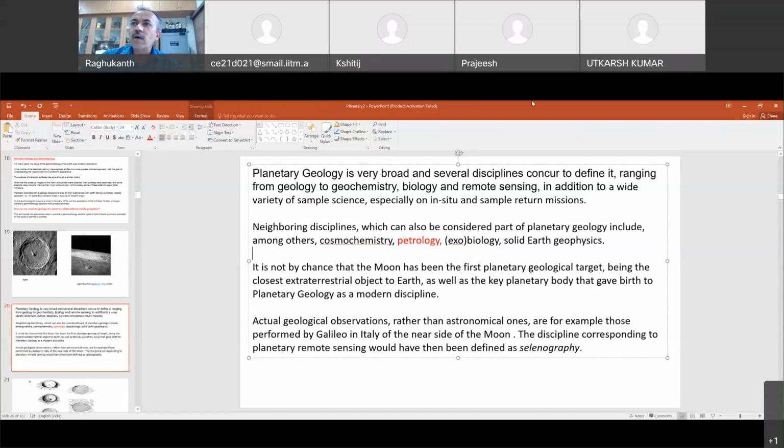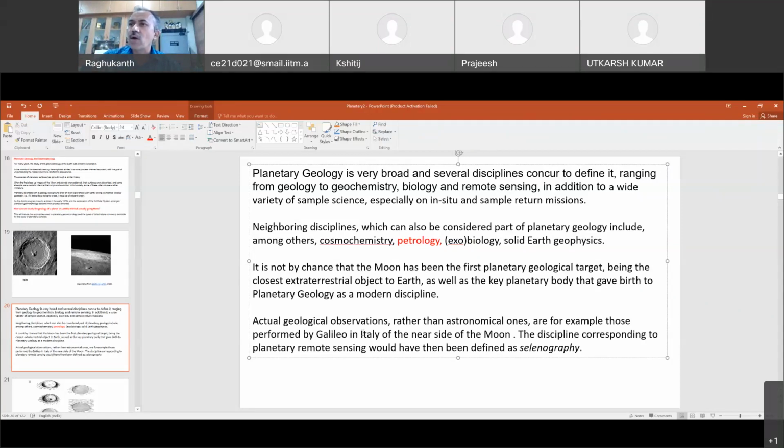As I already mentioned, planetary geology did not start with the moon exploration. It was already there long back. But of course, once the Apollo missions happened, they made this subject extremely popular. Actual geological observations were made by Galileo, for example, with telescopes, and many things were already understood in Italy.